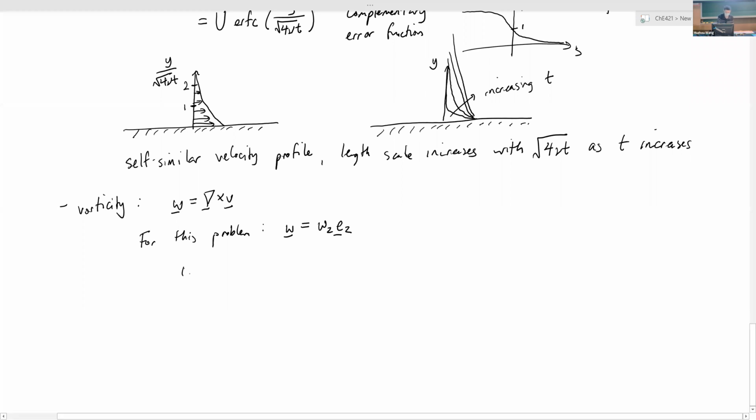You can also show that mathematically. What this implies is that Wz is dVy/dx minus dVx/dy.